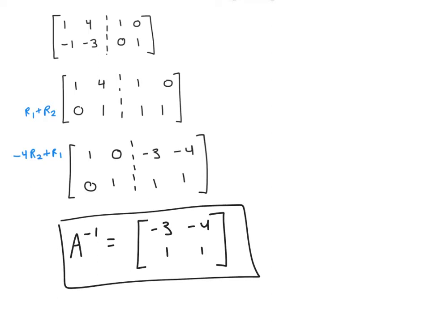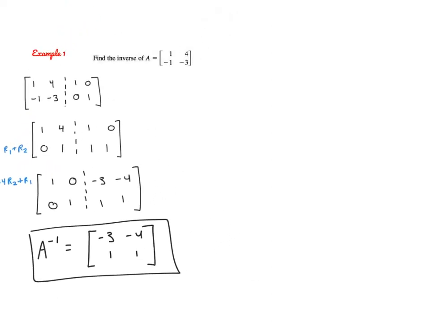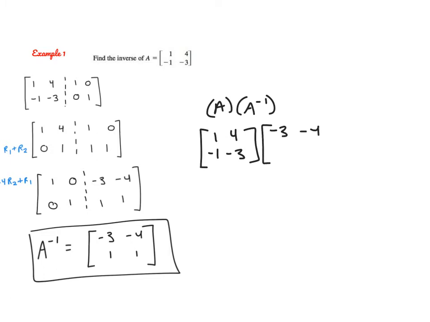Remember, we can check this by doing a little bit of matrix multiplication. Let's try doing our original matrix times our inverse matrix. So we have 1, 4, -1, -3 times -3, -4, 1, 1.